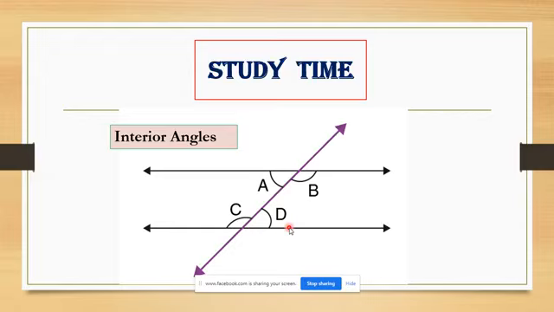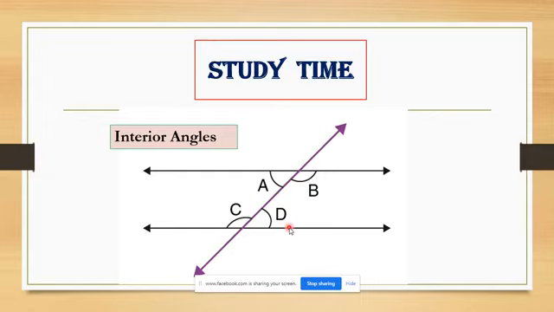Next, again a little work for you. Interior angles: how many pairs are there of interior angles? How many pairs can there be?